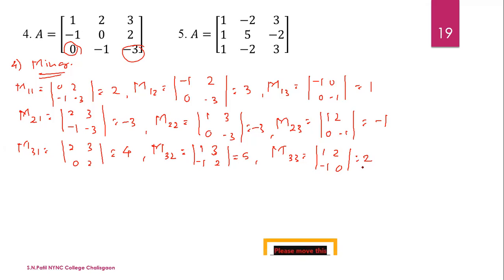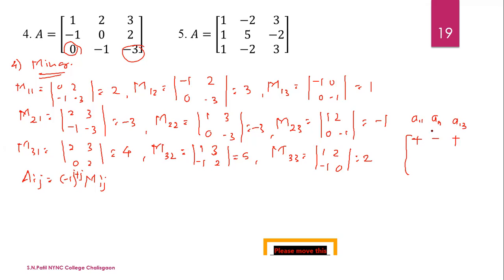Now cofactor. Once we calculate the minor, then cofactor is very easy. What is the cofactor? Aij is equal to minus 1 raised to i plus j into Mij. Now here in a 3 by 3 matrix, the sign is very easy. See, I am writing the sign here. The first row signs are plus, minus, plus. How is it plus here? Because this is the position A11, this is A12, and this is A13.